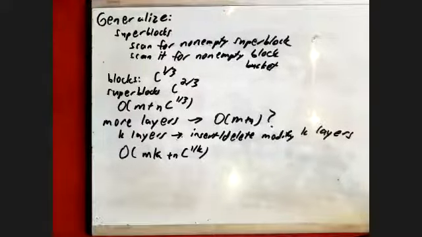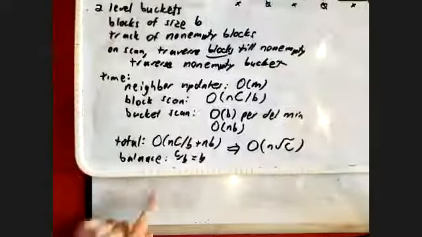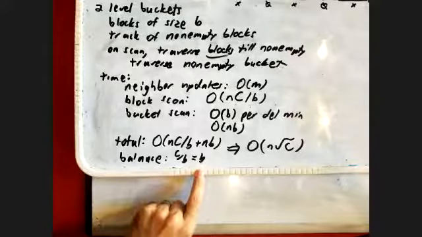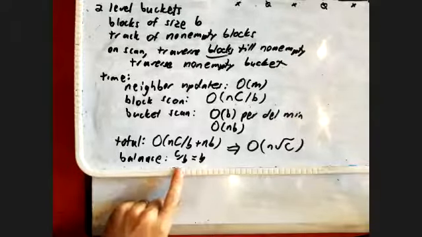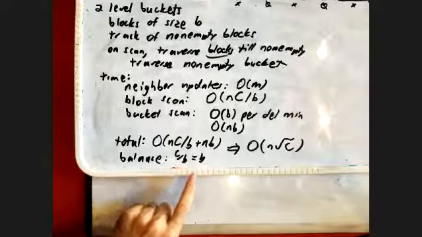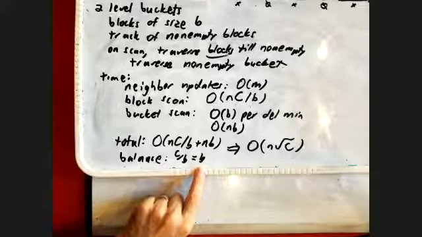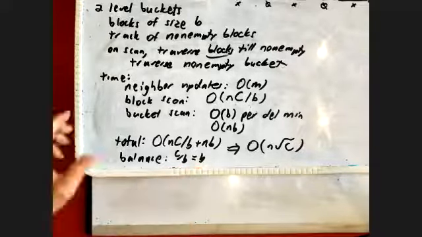It's a balancing game. You remember that when we had 2 layers, we balanced c over b equal to b to make the time going through blocks equal to the time looking inside of a single block, right?